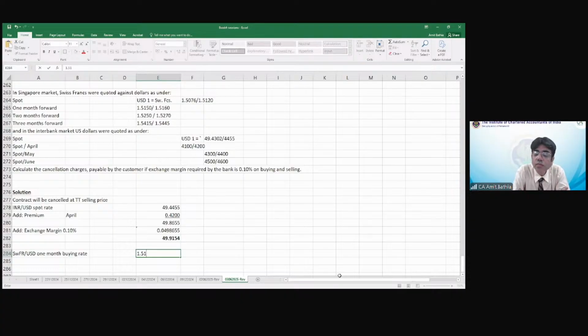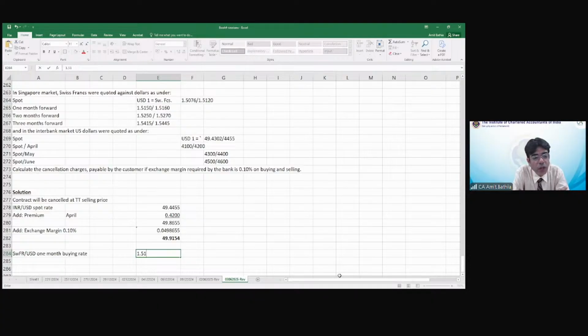Yes. Why is that so? It's the buying rate now. Is it a bid rate or ask rate, sir? 1.5150 is the bid rate. Yes, 1.5150 is a bid rate.